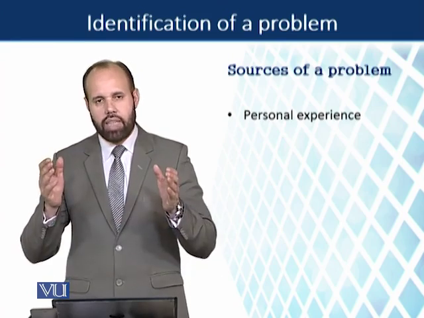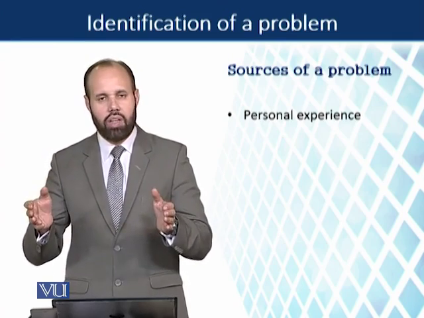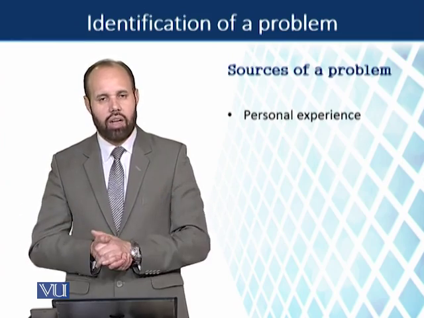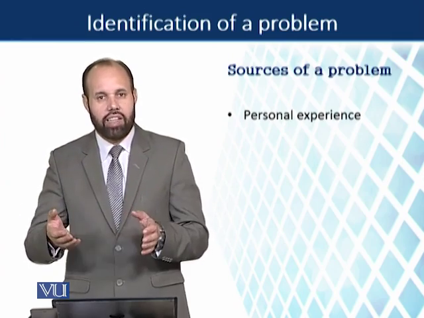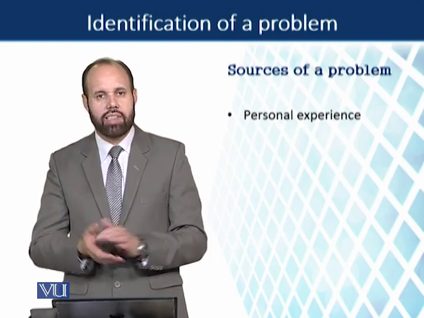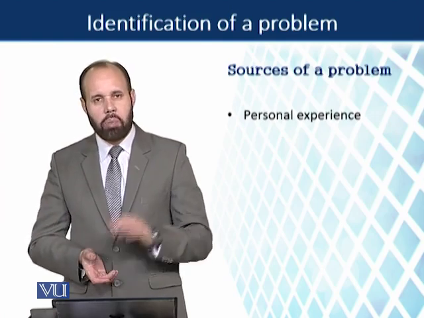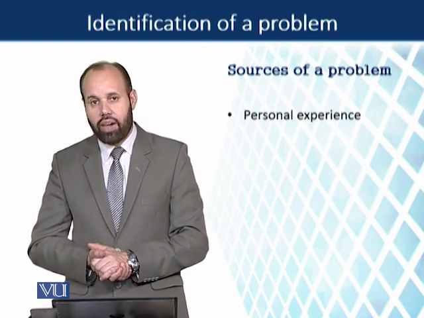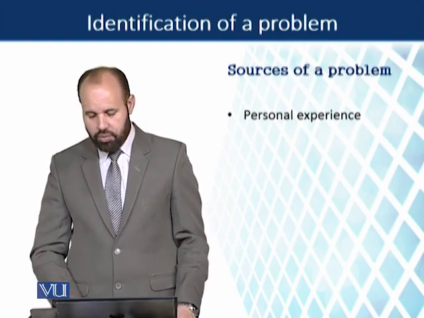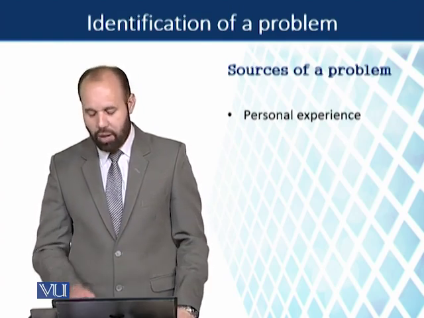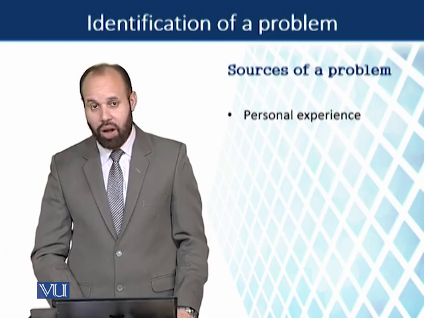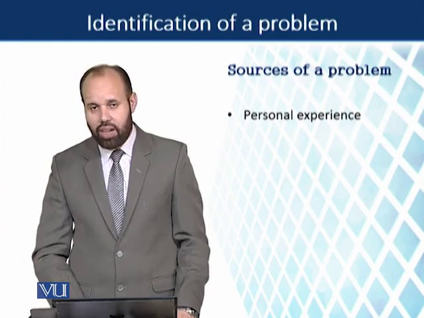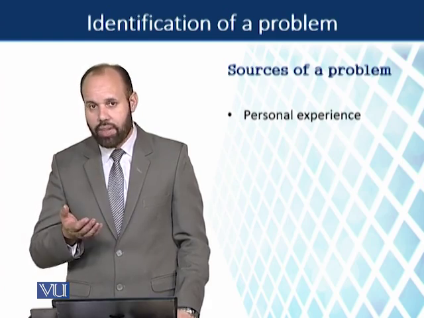Whatever issue, whatever problem, or whatever shortcoming you find in your experiences, that should be the starting point, okay? So your personal experience is point one for your problem finding, right? How would you find a problem? How would you select a problem? That must come from your own experience, right?